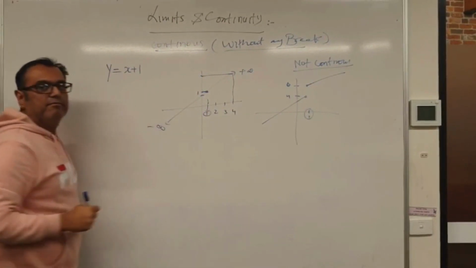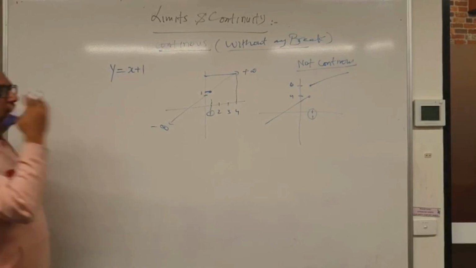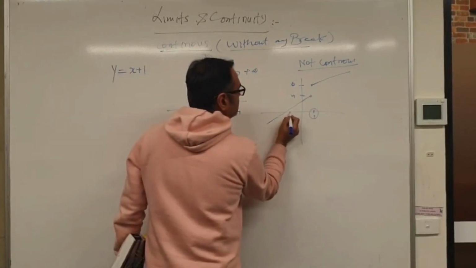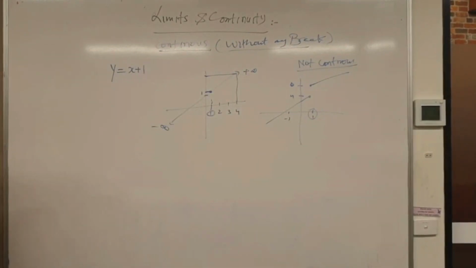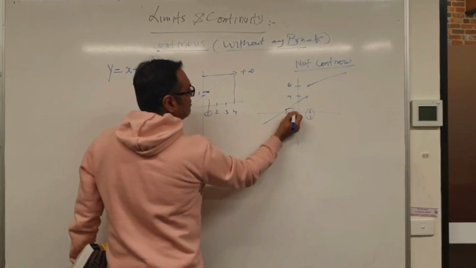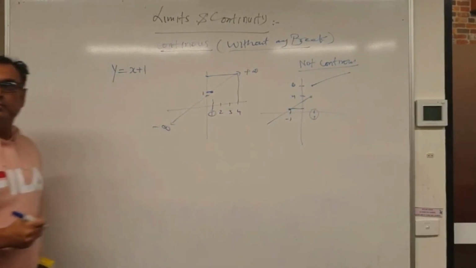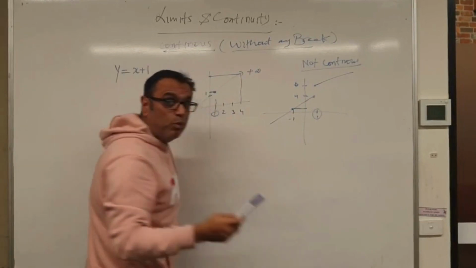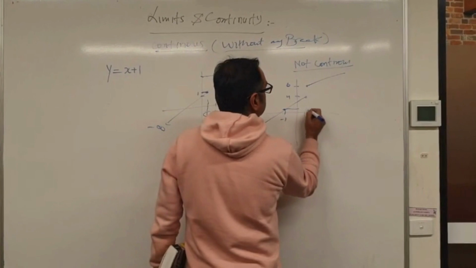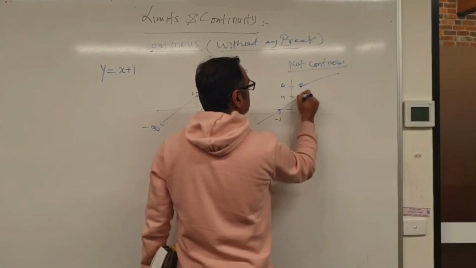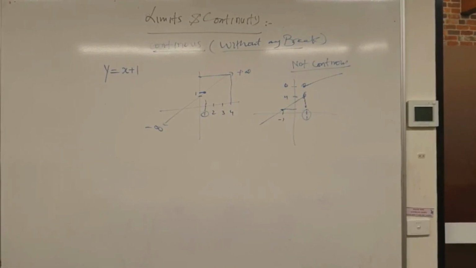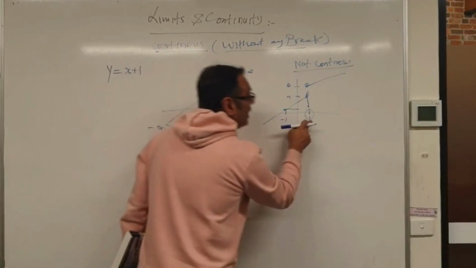That's the value of y. Easy. Here, is the second graph continuous at negative 1? You can say yes. That's the value of y. Is this graph continuous at 1? That's the problem. When I draw, I get two values. And I say no. This graph is not continuous at 1.